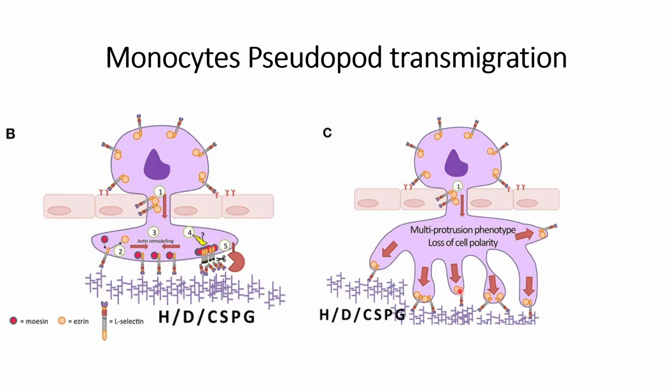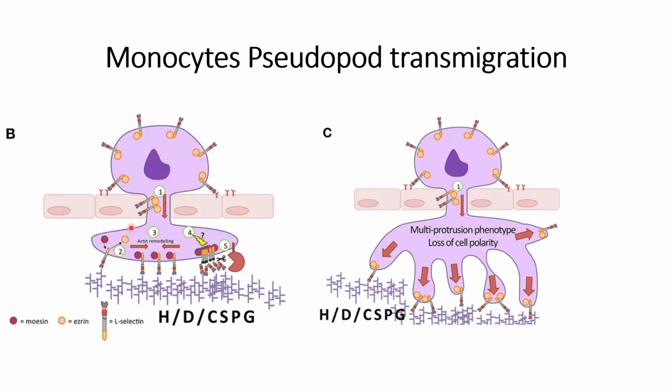Multiple protrusion phenotypes form, and some of them might cancel out each other. For example, this one might cancel out some of the forces on the opposite side, and thereby the net polarity that the cell observes is less compared to the case where the shedding of the L-selectin occurs, and cells can maintain the polarity to move in particular directions.